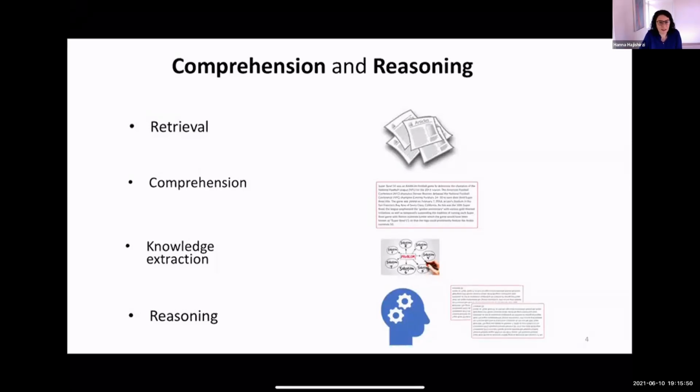I have divided this problem into 4 sub-problems that are sometimes competing with each other, sometimes complementary. One is retrieval: how can we find useful information among this large collection of scientific data?